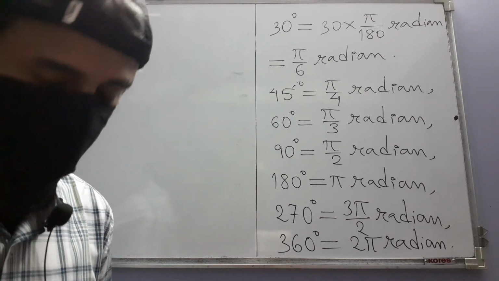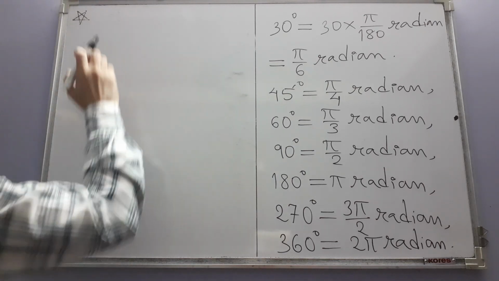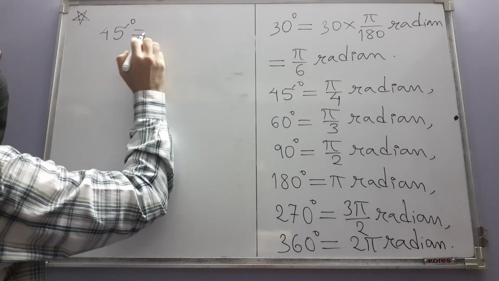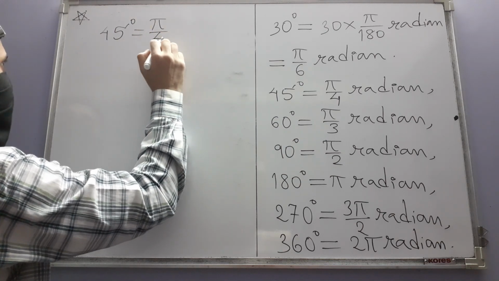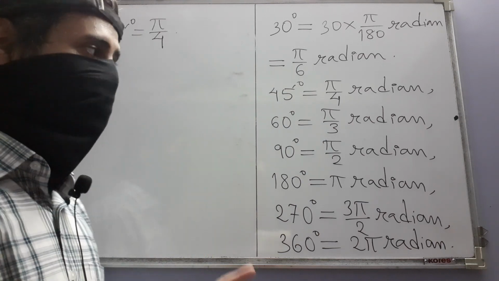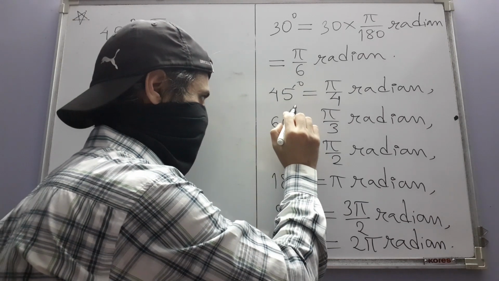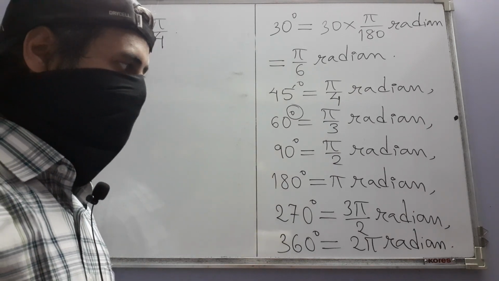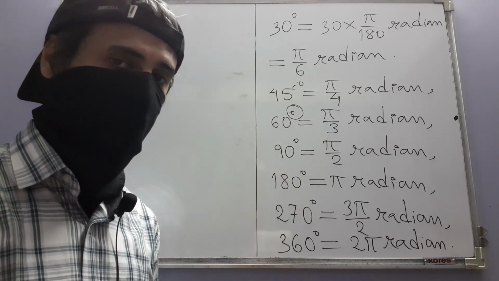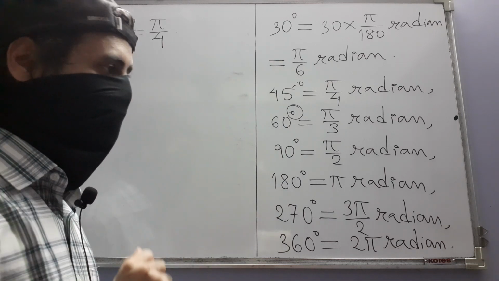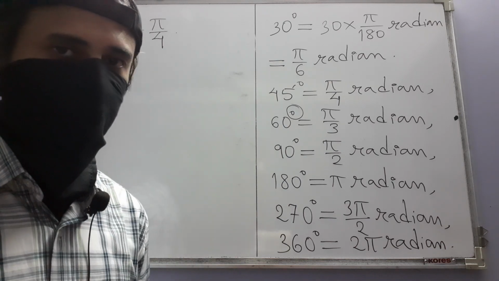Usually it is written like this: is equal to pi over 4. We do not write the radian unit, but we have to write the degree unit. The convention is that since we will be using radians more and more, it is convenient to not write radian.